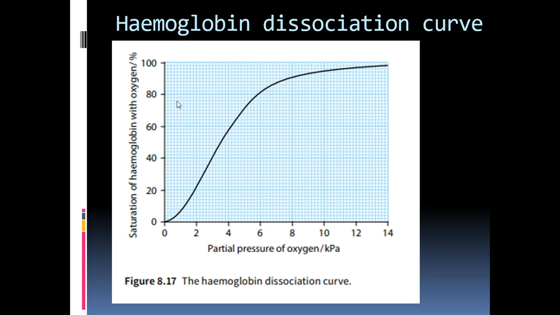Okay, but one question that comes out from this investigation is, since it is a proportional correlation, why isn't the line or the graph that you get a straight one, right?